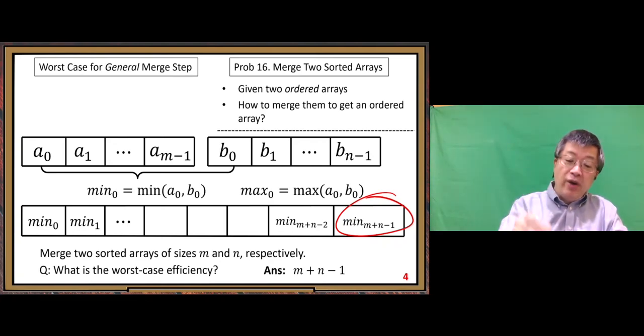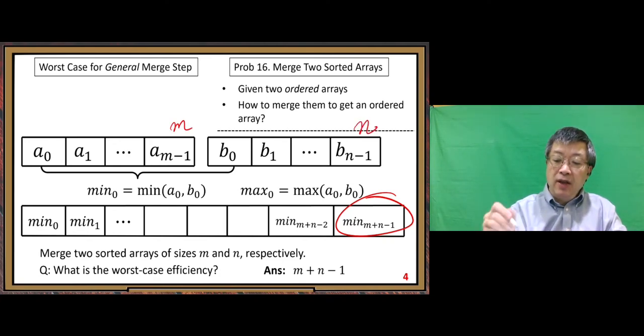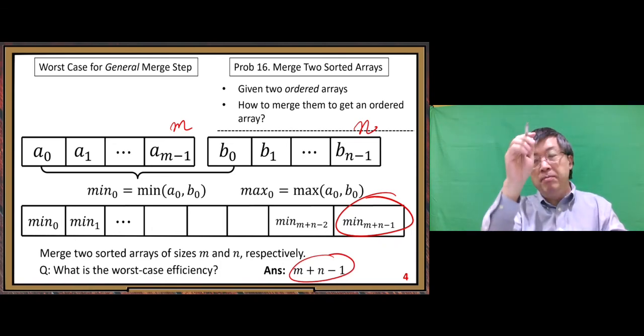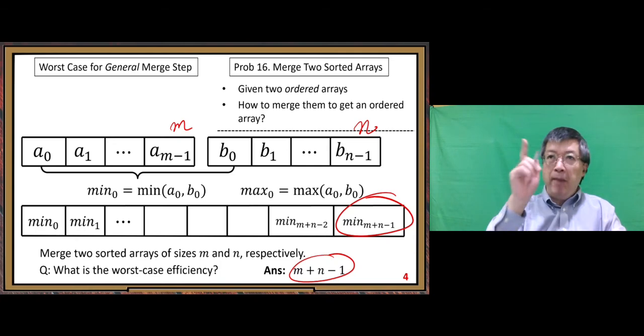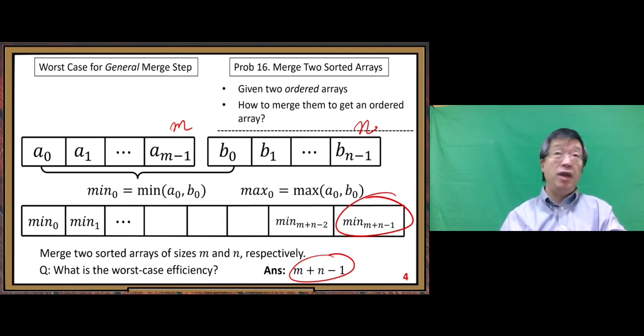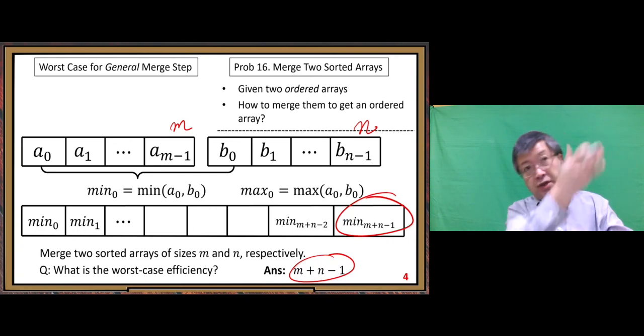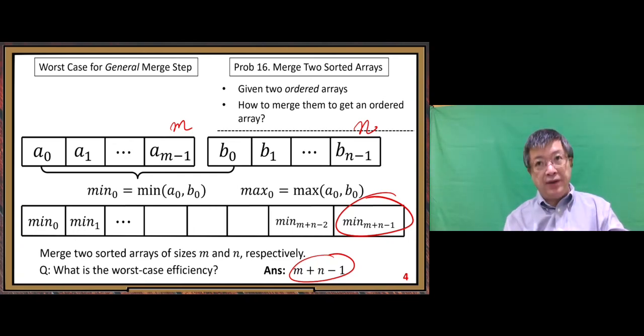If the first array has size m, second array has size n, then the total number of comparisons is m plus n minus 1. The total number of elements, minus 1. That's the answer. Similar analysis as the previous slide. Okay. All right.